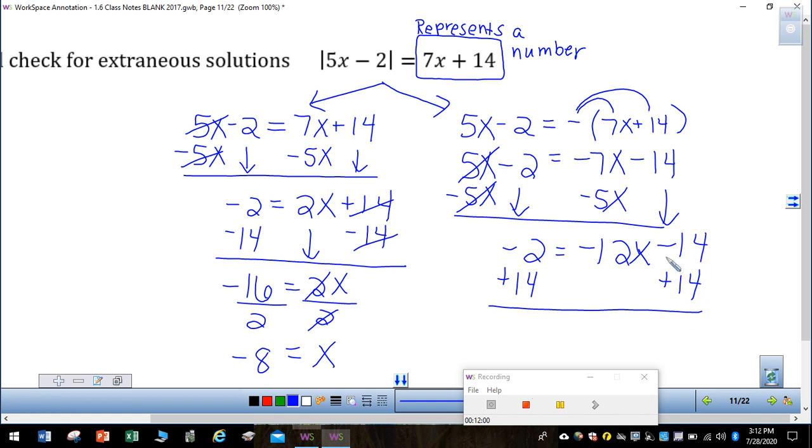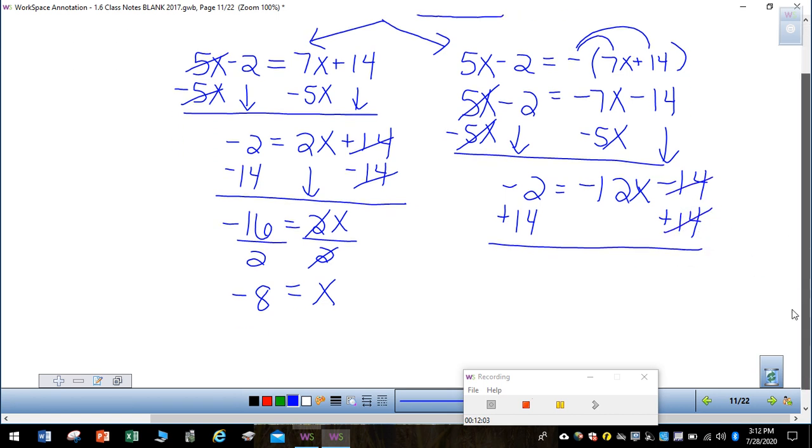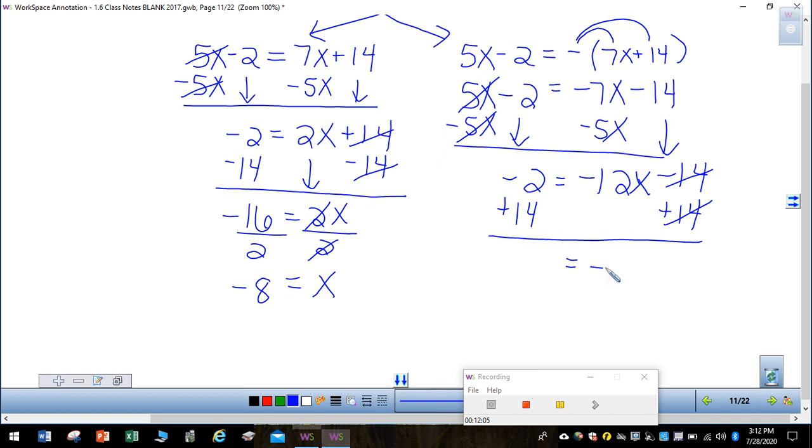So minus 14 plus 14, that will cancel, leaving me with negative 12x on the right. On the other side, negative 2 plus 14 is positive 12. We'll go ahead and divide both sides by negative 12. And we get our second possible solution of negative 1.